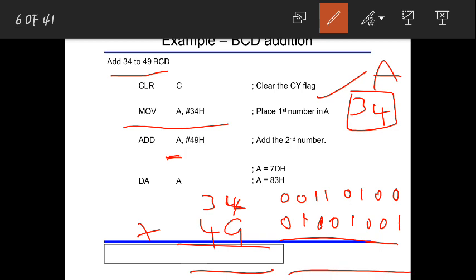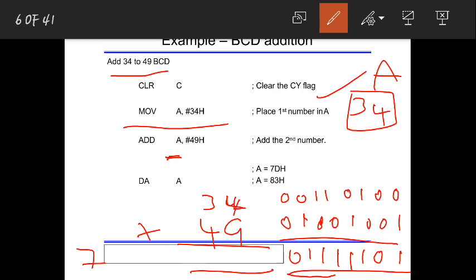If you do the binary addition, you get 0 plus 1 is 1, 0 plus 0 is 0, 1 plus 0 is 1, 0 plus 1 is 1, 1 plus 0 is 1, 1, 0 plus 1 is 1, and here you got 0. So this value is 7, that is 0111. Then the other value is 8, 9, 10, 11, 12, 13.